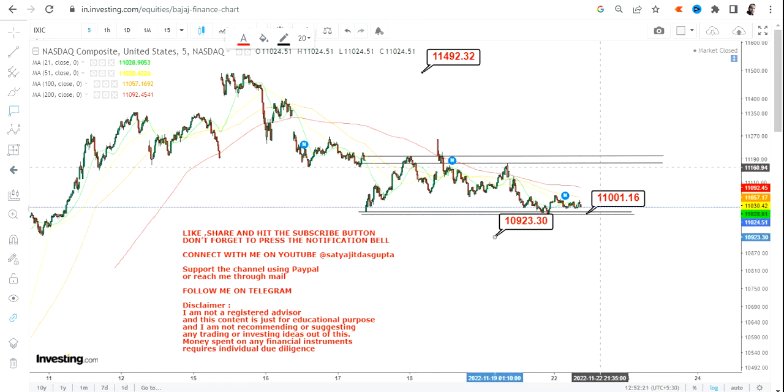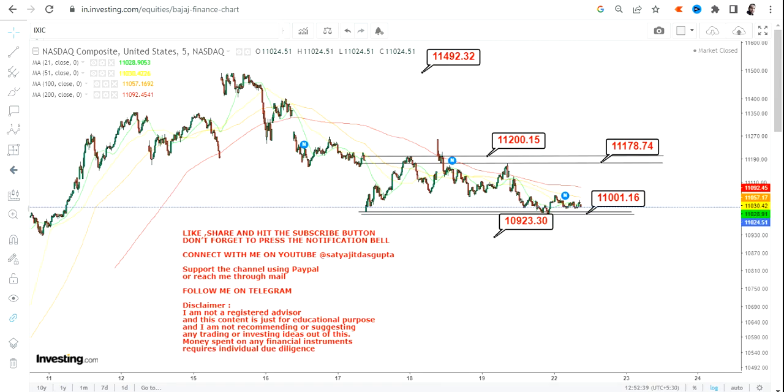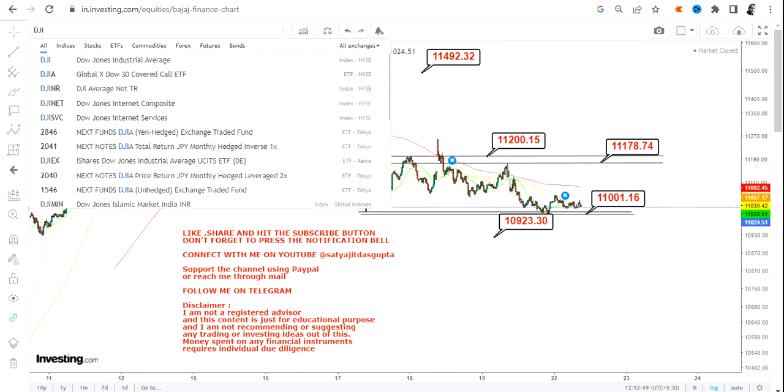And if it holds or continues to sustain above 11,000, then the target swing for the Nasdaq will be 11,178 and 11,200. So this is a very tricky situation, but the trend is not at all positive, I would say. Okay, it's about the market, and if there is any news which will reverse the situation in between the trading session, then it would be a different case.